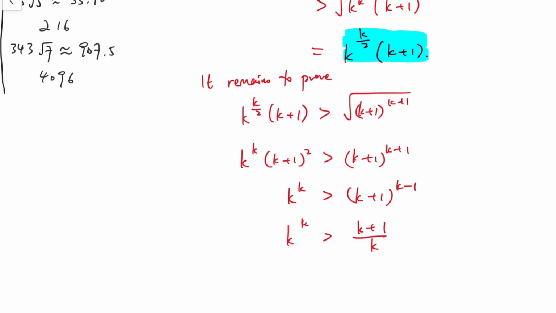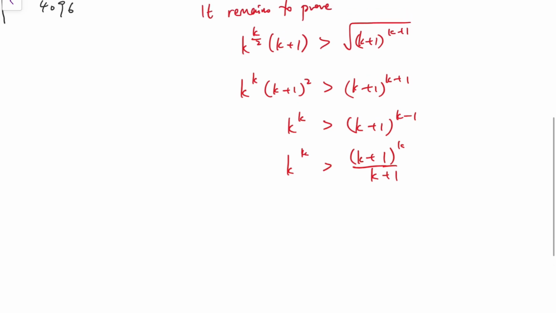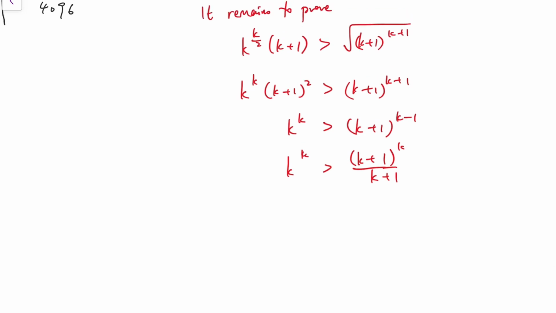Then to simplify things, I'm going to write the right side as k plus 1 all to the power k, all divided by k plus 1. So then all the powers in this inequality are k powers. Then I'm going to gather the k powers, combine them, so I have the inequality k plus 1 larger than k plus 1 over k all to the power k.